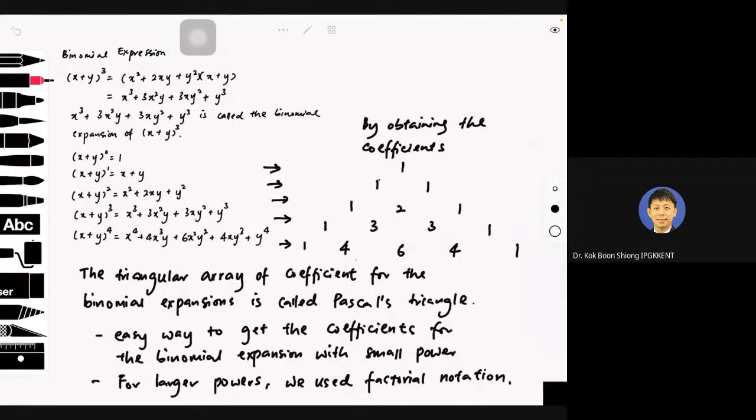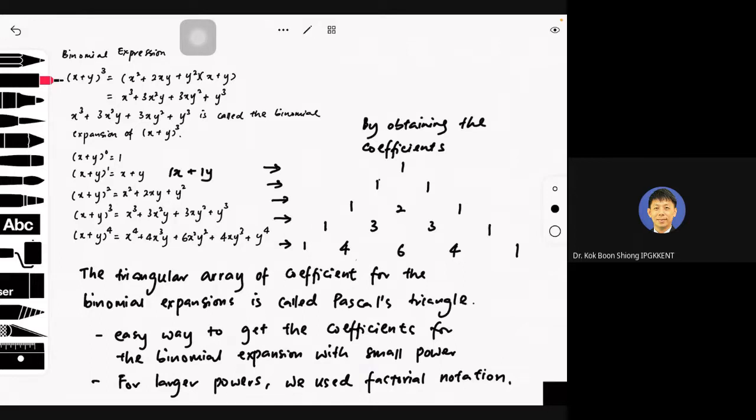If we try to extract the coefficients, the first one is actually 1x plus 1y, so the coefficients are 1, 1.